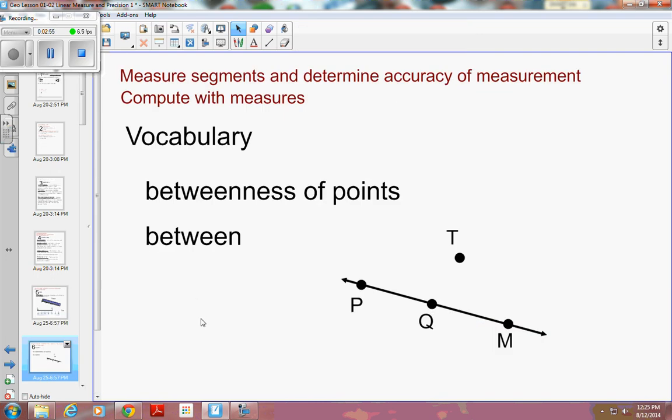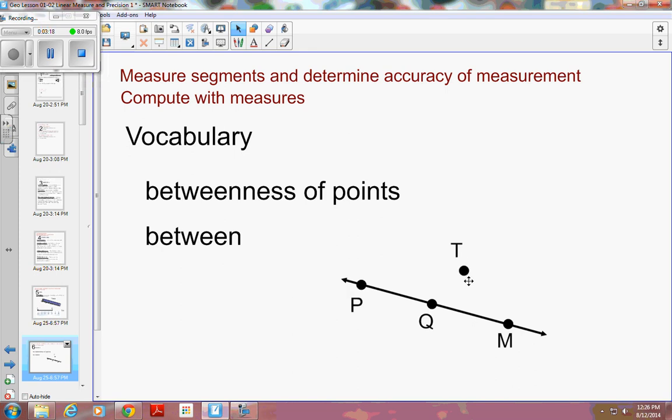How about betweenness? Okay, with betweenness, we're saying that this point Q is between P and M. But this point T is not between P and M because it's not on the same line. Now your book uses words like collinear, co, on the same, linear, line, on the same line.